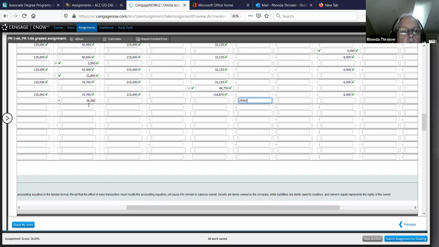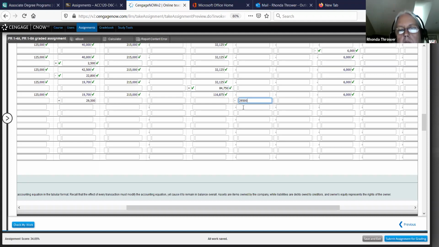So what we're saying here is that the accounts payable, which is a liability, went up. Remember, accounts payable is a part of your creditor equity, which would show up on the right side of the accounting equation. Because my expenses are going to decrease my owner's equity, which is also on the right side, this kind of washes itself out.